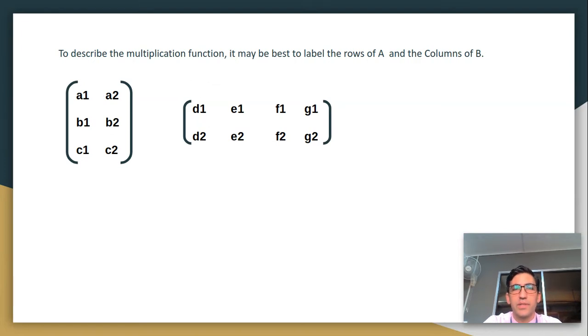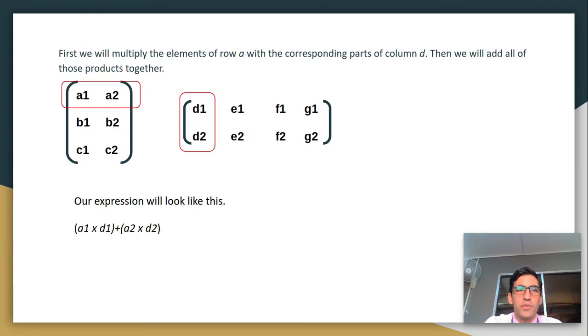That's very important. So what we're going to do is multiply the parts of row A with the parts of column D, and then add those together to give us a new value. So for example, we will multiply the A1 with the D1, as I did right here. Then we will add that to A2 times D2.